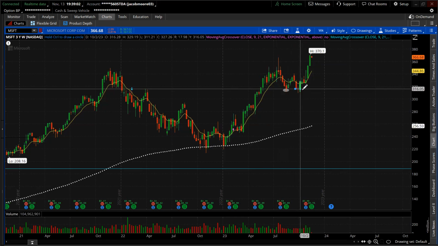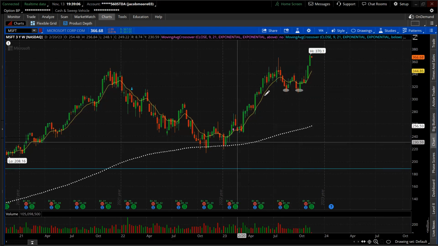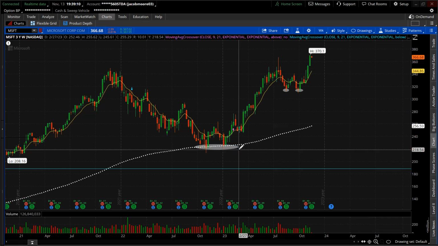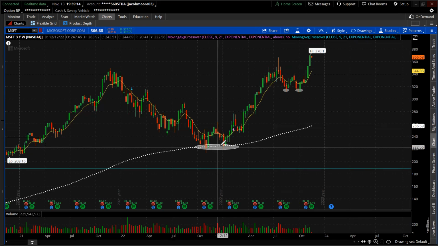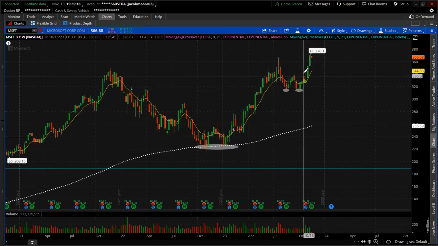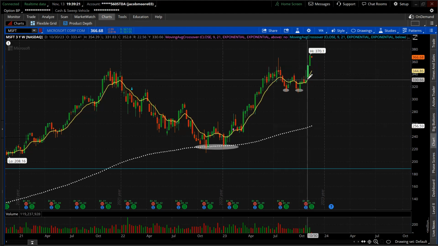Each handle is different. This is definitely a handle, definitely a cup. Even right here, this would have been a great trade, a triple bottom off the weekly 200 EMA. Boom. This probably scared a lot of people out.